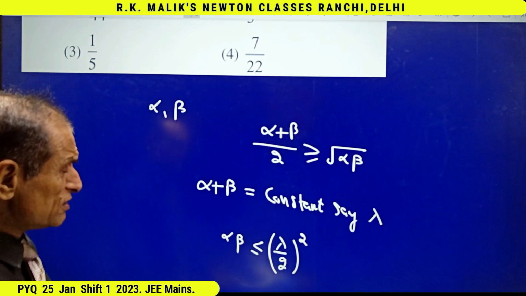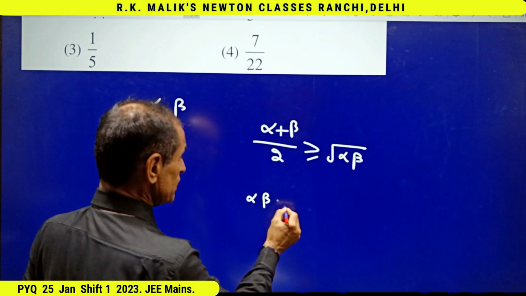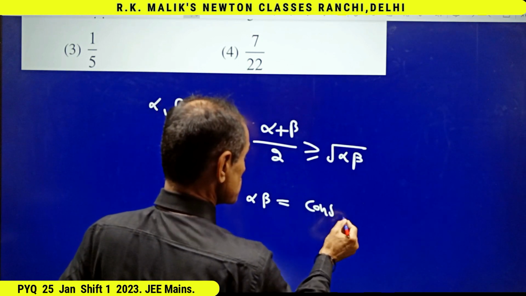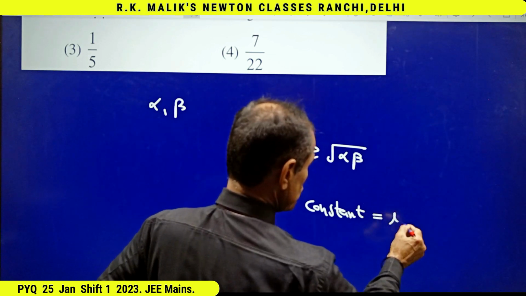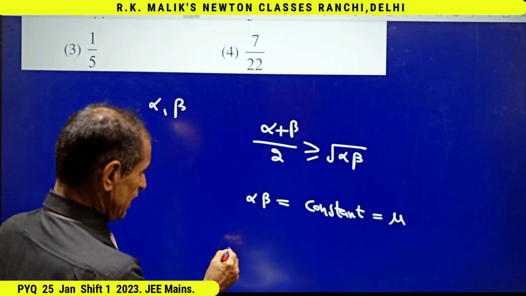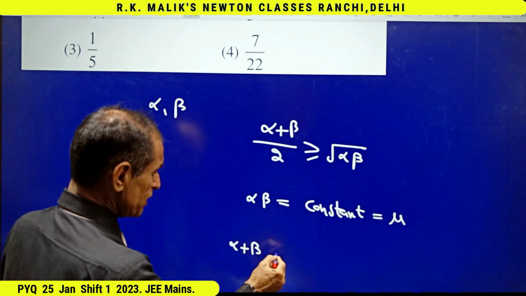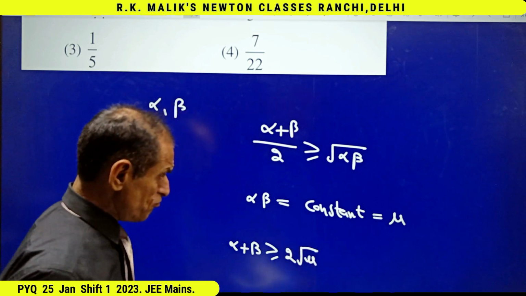And similarly, I can say this thing also, if alpha into beta is constant, say mu, then according to this, alpha plus beta will be greater than or equal to 2 under root mu.